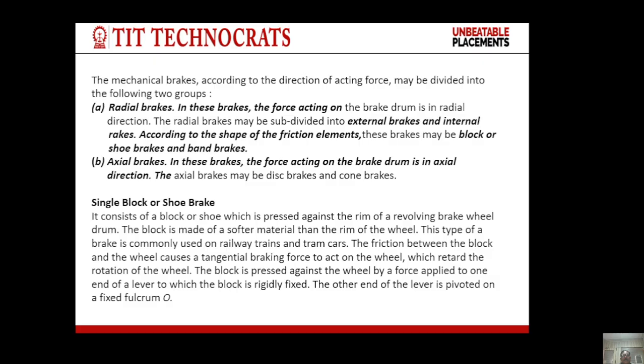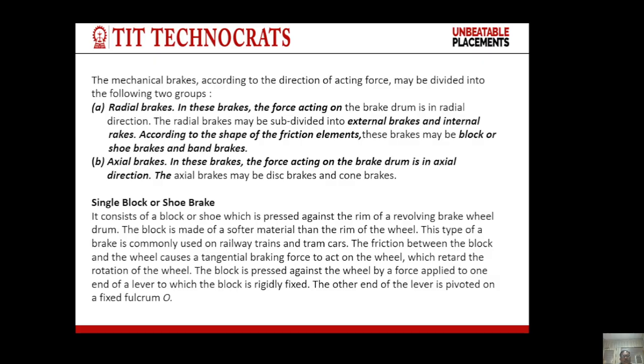The radial brake may be subdivided into external brake and internal brake. According to the shape of the friction element, these brakes may be block or shoe brake and band brake. Axial brakes: in these brakes, the force acting on the brake drum is in axial direction. The axial brake may be disc brake and cone brake.